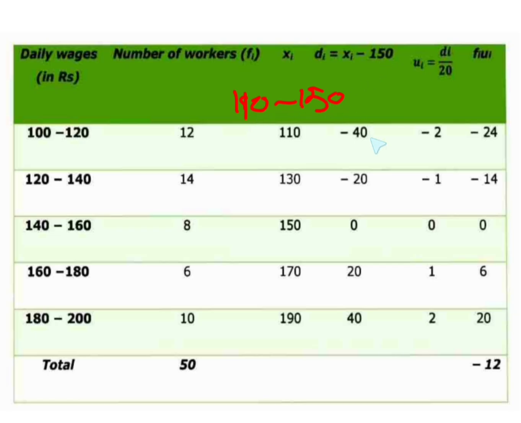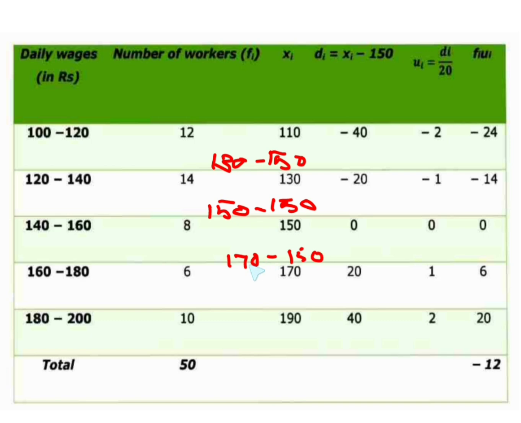So 110 minus 150 is minus 40, 130 minus 150 is minus 20, 150 minus 150 is 0, 170 minus 150 is 20, and 190 minus 150 is 40.